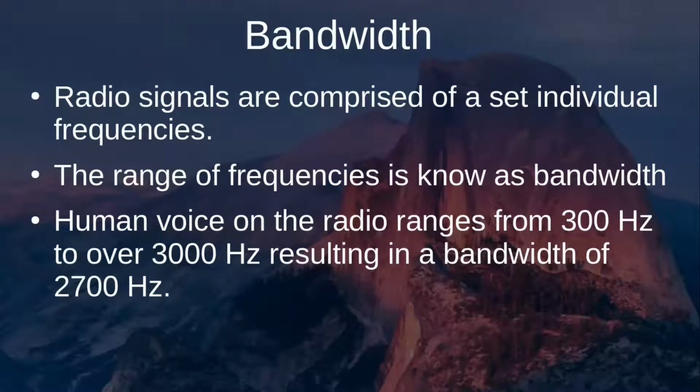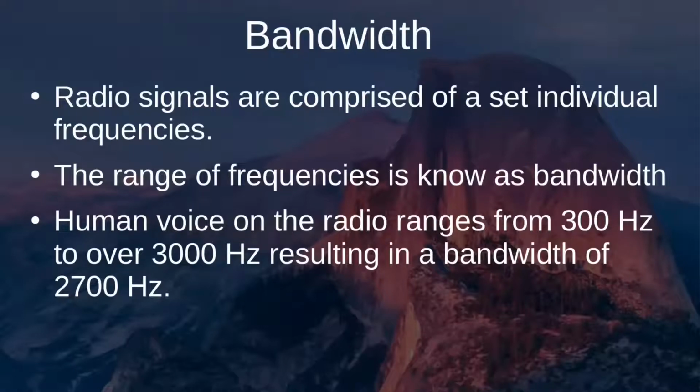Bandwidth is how wide a signal is, how wide a radio signal is. Radio signals are comprised of a set of individual frequencies. They're not necessarily comprised of one frequency. The frequency you tune into your radio is essentially the center frequency, or what you're going to listen to. But that frequency is actually composed of a larger bandwidth.